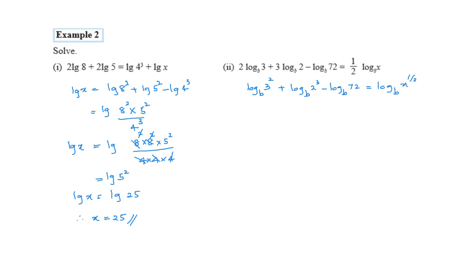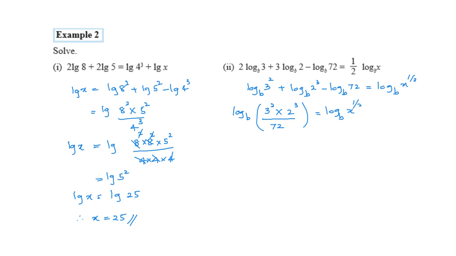You can write by using our logarithm laws. Next, we can take log b and write 3 squared into 2 cubed. Then for the subtraction, you have to divide by 72. Then you have log b of x to the power half.